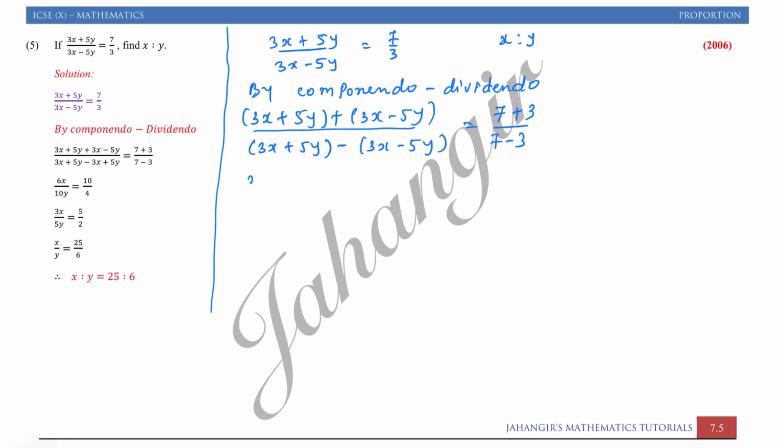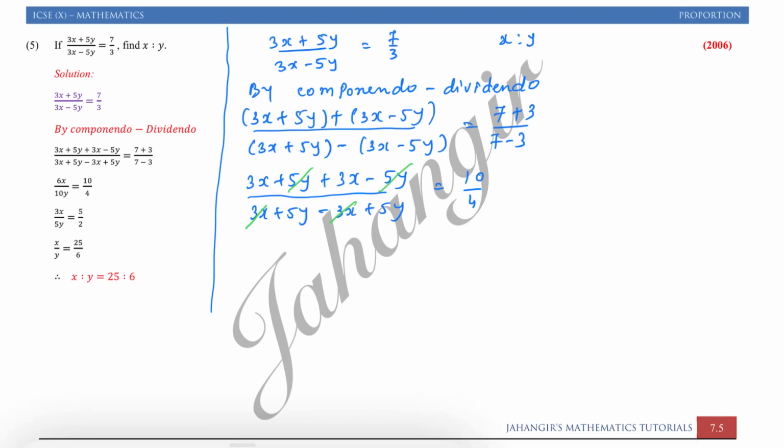So now removing the bracket, 3x plus 5y plus 3x minus 5y whole upon 3x plus 5y minus 3x plus 5y is equal to 10 upon 4. You can cancel out 5y and 5y, 3x and 3x.